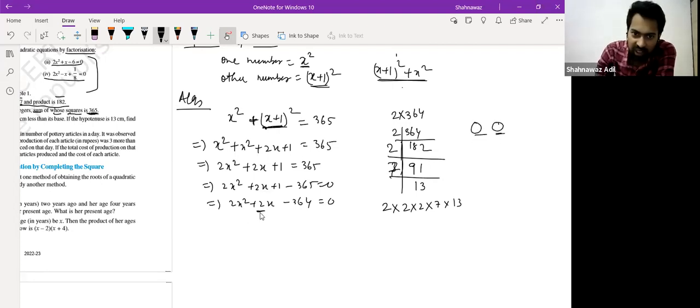So 2 into 2 into 2 into 7 into 13. So we get 8 and 91. Talha says 8 and 91. Hamad says 56 and 13.